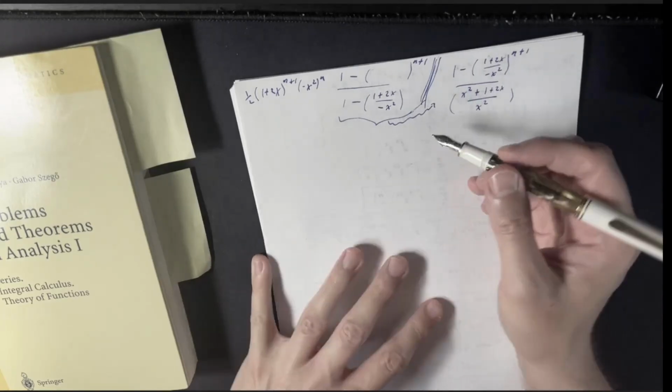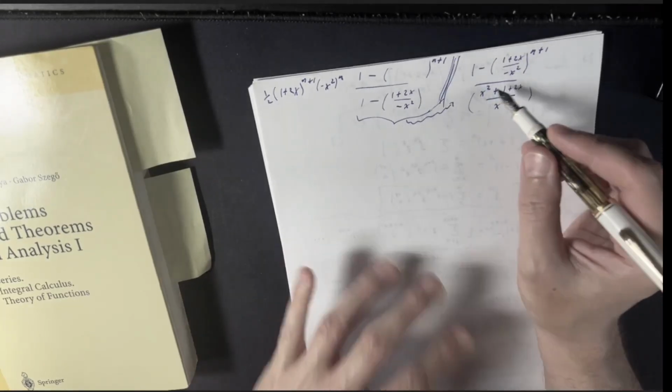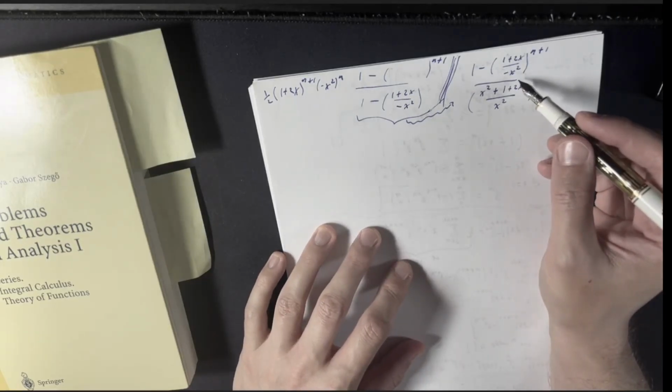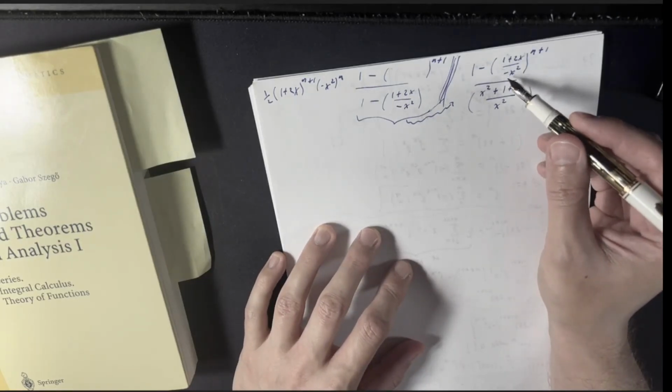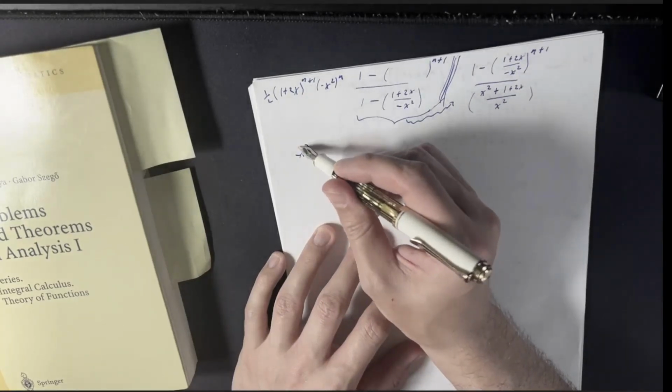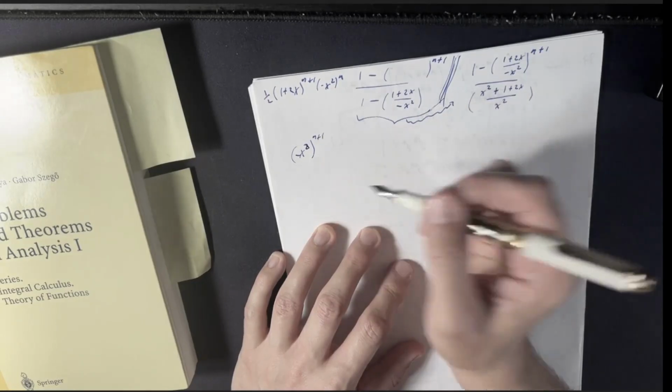I mean, yeah, sure, fine. If you really want, we can keep going. But so what is this? Junk to the n plus 1. This is our denominator upstairs.